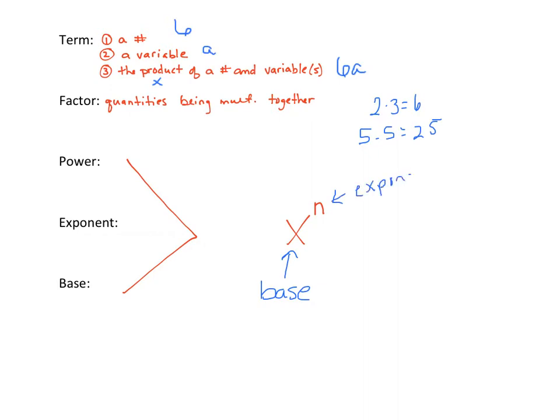A lot of people want to call that a power, but that little n is actually called the exponent. The entire thing put together is called the power. So power is the entire thing, exponent is just the n, and the base is the x. We're going to move on to the next page.